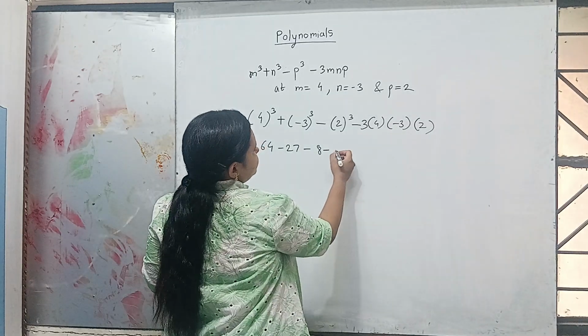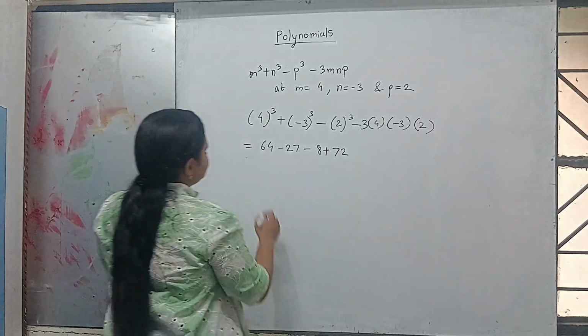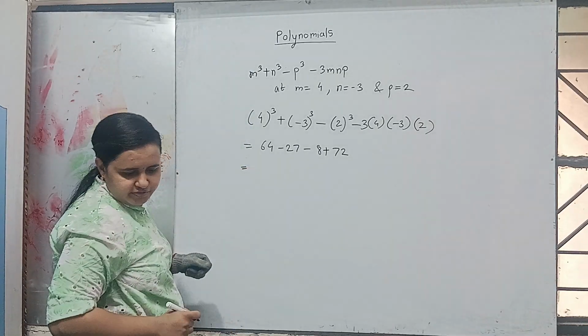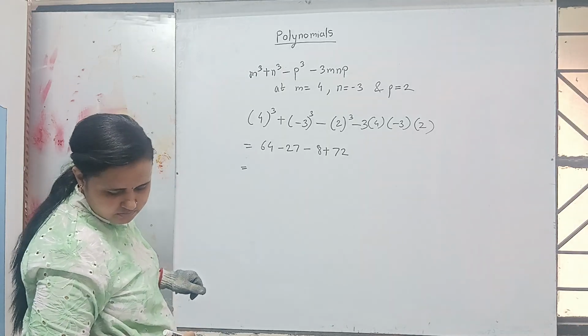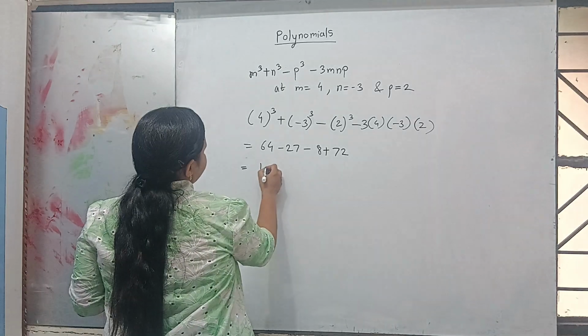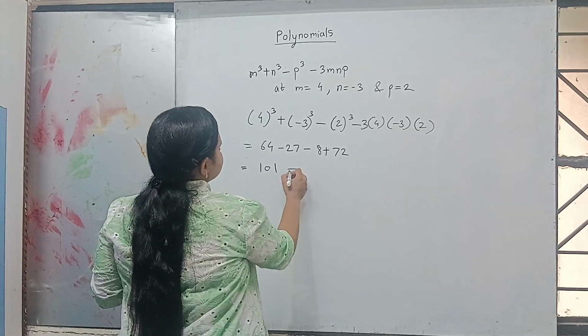Here it is minus, so minus and minus will get plus 72. What do we get as the answer? We get the answer as 101. So the option is S.